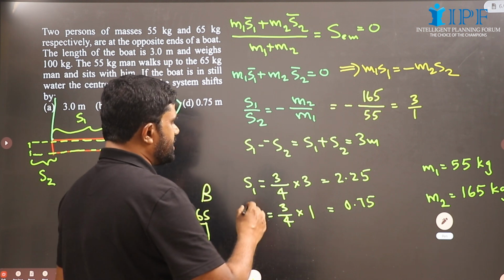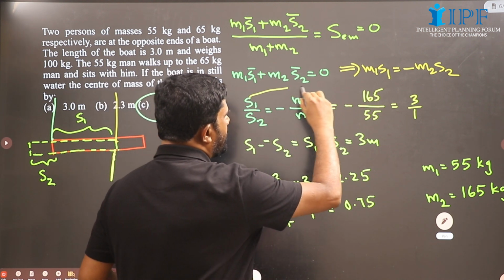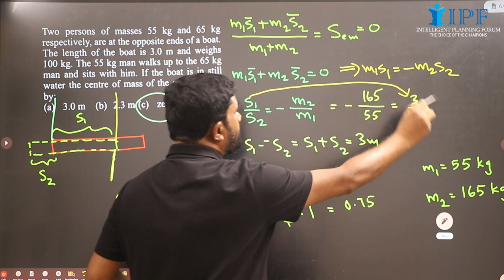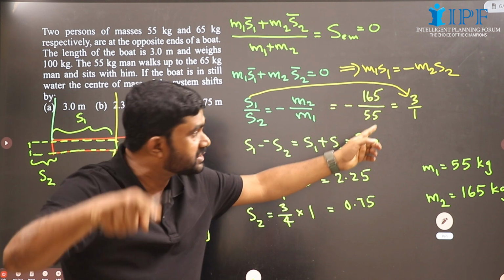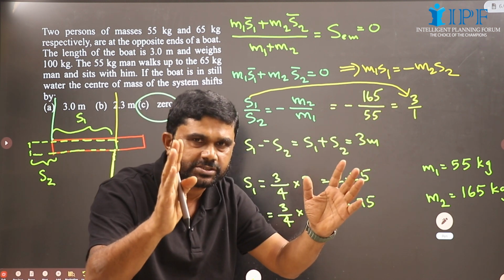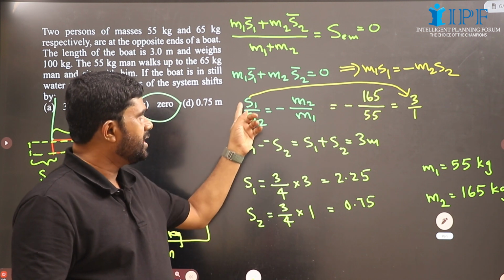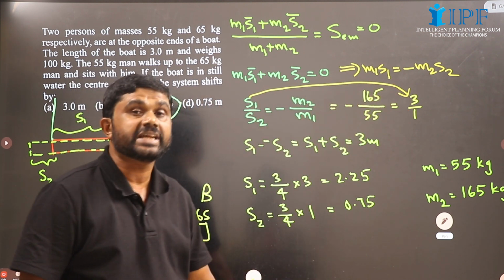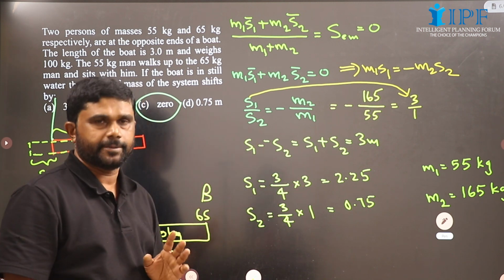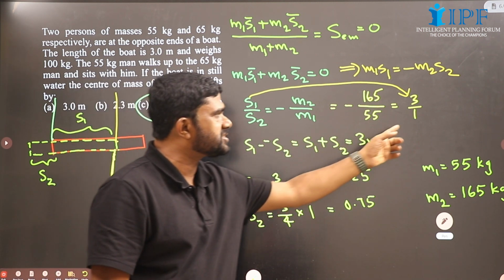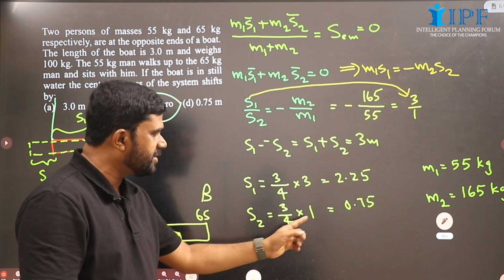S1 will be 3 parts, so 3 by 4 into 3. And S2, the displacement of the rest of the system, will be 1 part, so S2 equals 3 by 4 into 1.